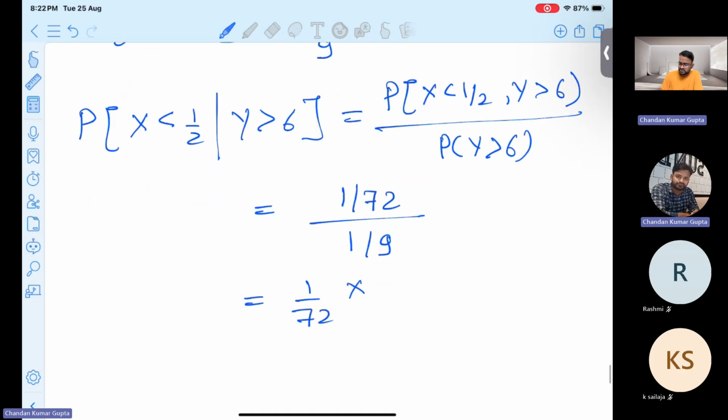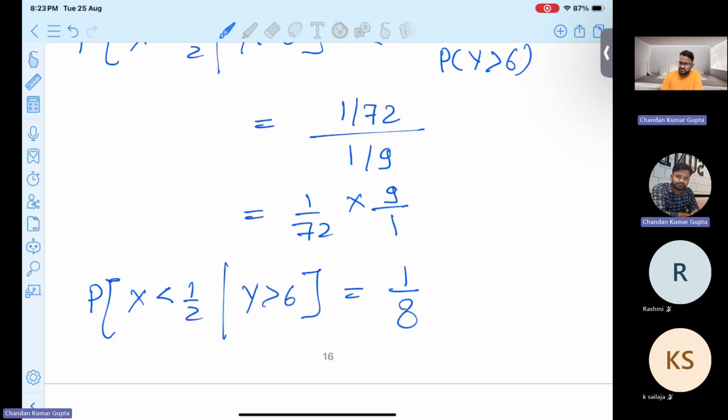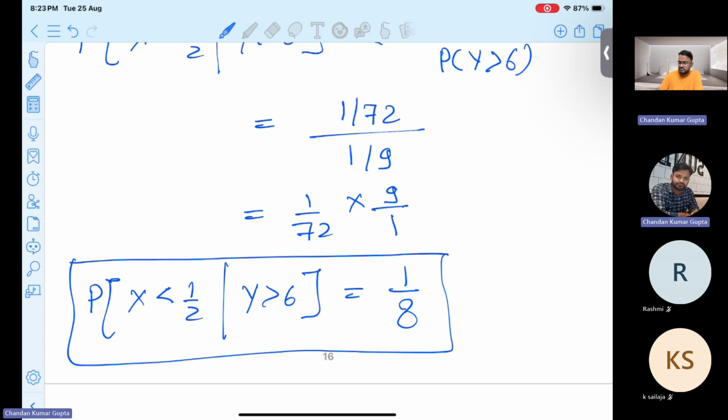It's 1 upon 72 into 9 upon 1. So the probability that x is less than half given y is greater than 6 is nothing but 1 by 8. So this is our final probability.